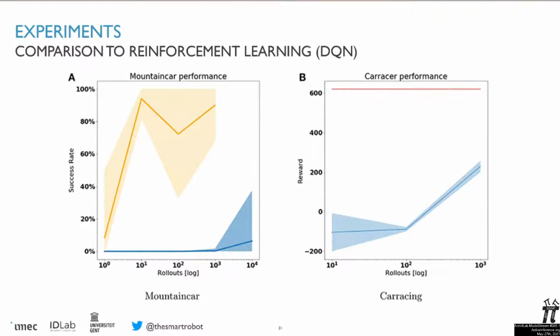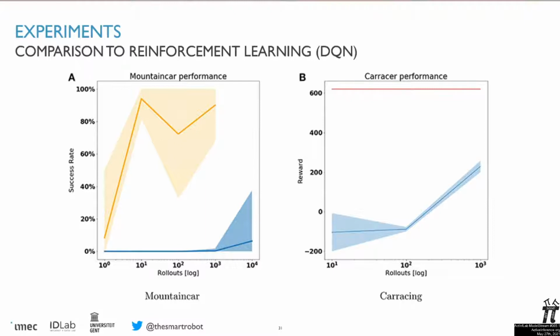And as you can see in the first graph, for the mountain car, our models are the orange. Our model quickly learns at least some method to reach the top, and then afterwards it just improves upon this. Whilst due to the sparseness of the rewards, DQN is not able to learn as quickly, and even after having 1,000 times more observations, it still isn't capable of climbing the mountain.